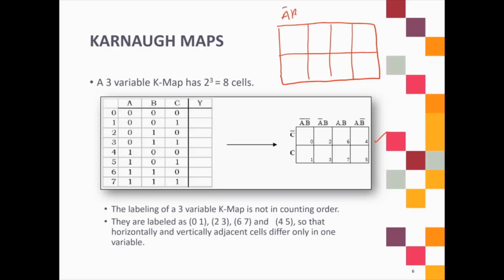So A bar B bar, A bar B, A B, A B bar, here is C bar, here is C. The values inside your K-map will be: here A bar, B bar, C bar; here A bar, B, C bar; here A, B, C bar; this A, B bar, C bar. I just write down all the product terms.